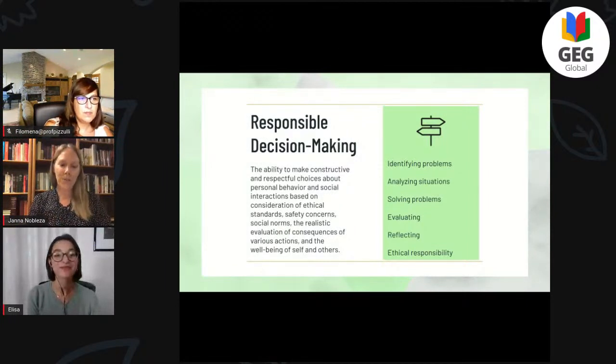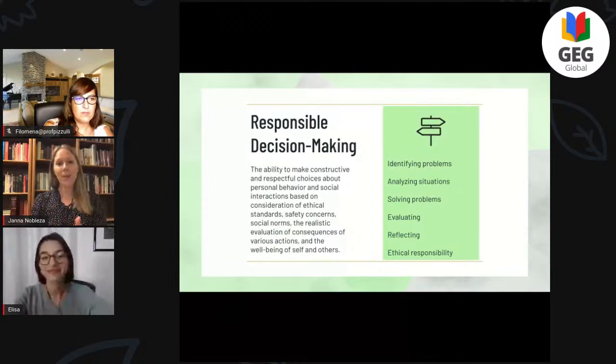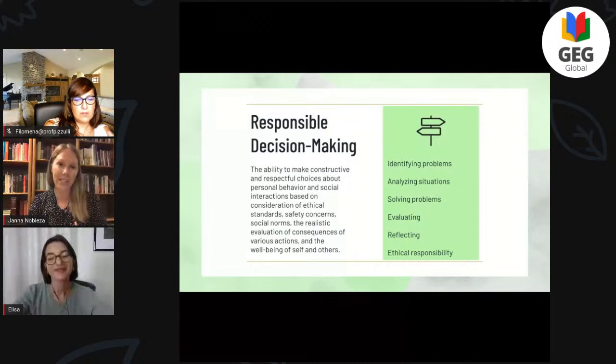I know throughout the presentation we've talked about each of the five competencies in a series, and that even though we're talking about their connections, I think it's important to remember that when we're talking about responsible decision making, we won't ever be able to focus just on responsible decision making with our students, because we're talking about all the other competencies that come into that as well.